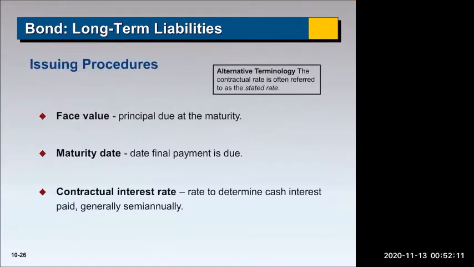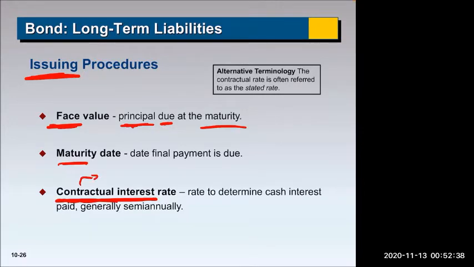Okay, when I'm looking at issuing or selling bonds, there's going to be a face value or the principal amount. The principal amount, the amount that's due at maturity when the note is over, when it's done. Maturity date is when it ends. I'm going to have a contractual interest rate.